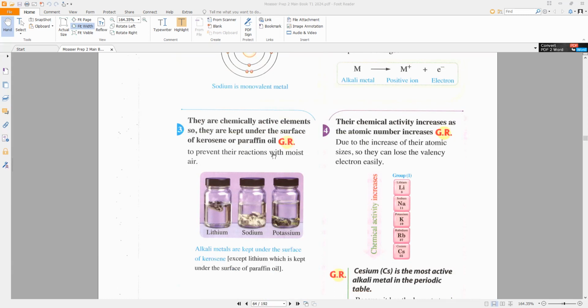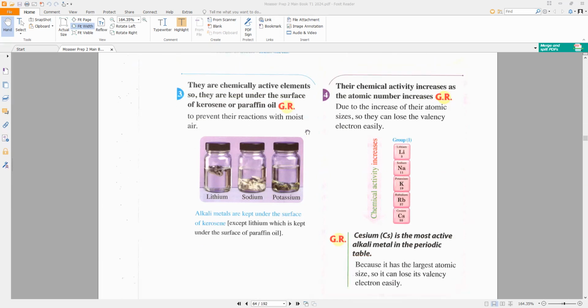So we keep them under a liquid that doesn't react with them and prevents reaction with the air, like kerosene and paraffin oil. Why do we keep them under kerosene or paraffin oil? Because it prevents their reaction with moist air, meaning the water vapor in the air.